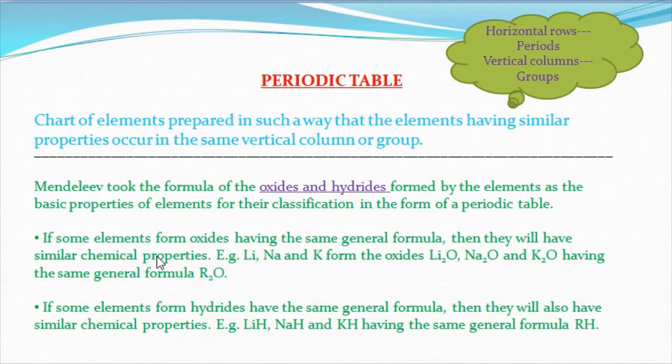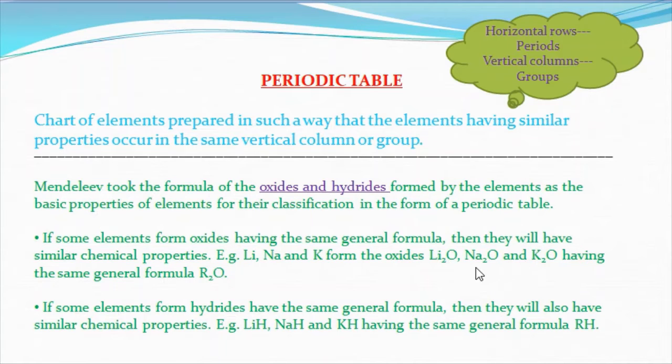If some elements form oxides having the same general formula, then they will have similar chemical properties. So he took the formula of oxide as his basis of classification. See, the elements lithium, sodium, and potassium, when they react with oxygen, form lithium oxide, sodium oxide, and potassium oxide, with the formulas Li2O, Na2O, and K2O.